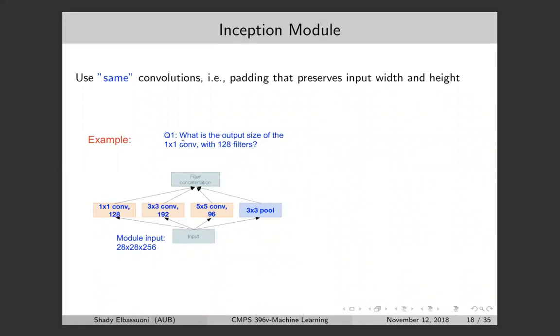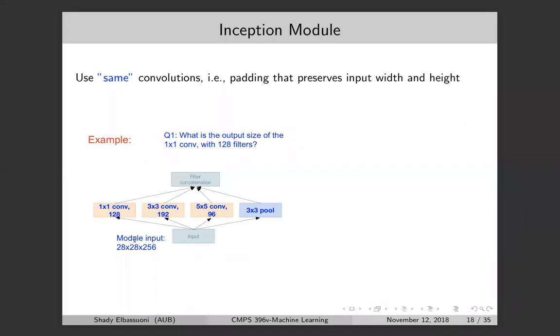What is the output size of the 1 by 1 convolution with 128 filters? Remember that I want same convolution, so I want the size of the output to be exactly the same as the input. I don't know the padding, I don't know the stride, but I want to set these so that I preserve the input width and height.